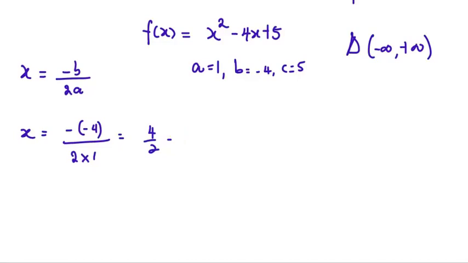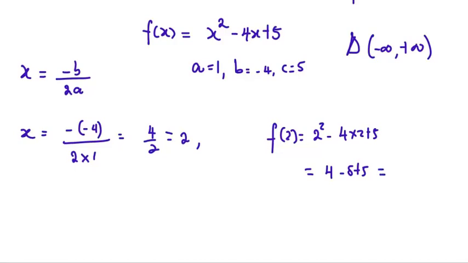Then we plug it into the function to get the corresponding value for y. So f of 2 is equal to 2 squared minus 4 times 2 plus 5. So this is 4 minus 8 plus 5, and this is giving us 1. So the vertex is going to be 2 comma 1.